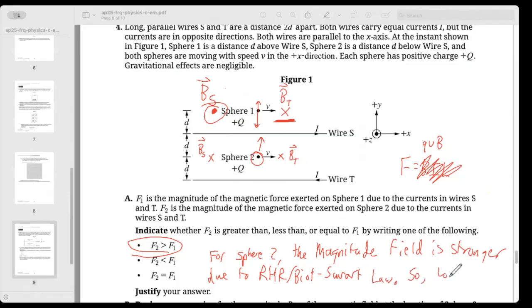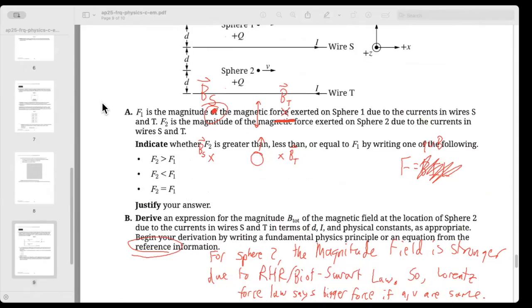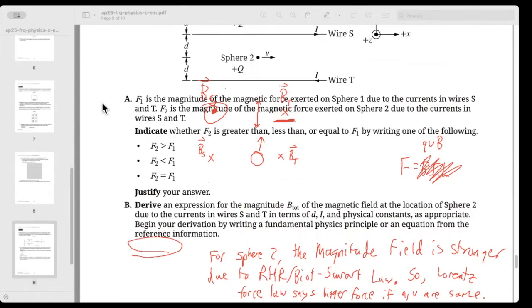So Lorentz force law says that's the QVB. Lorentz force law says bigger force if Q and V are the same, which they are. Okay, pretty easy. We're probably going to have to derive that. Derive, why just field? Why not do force? Force is not hard to derive.